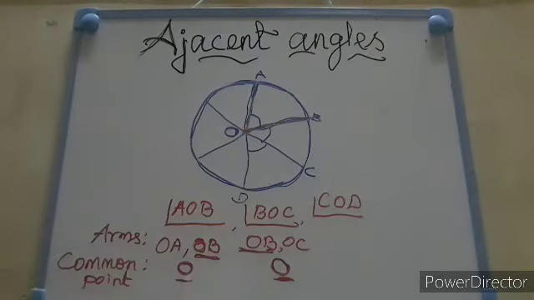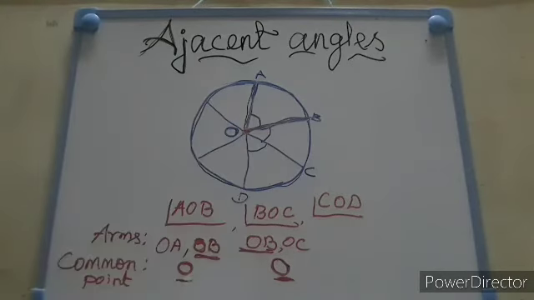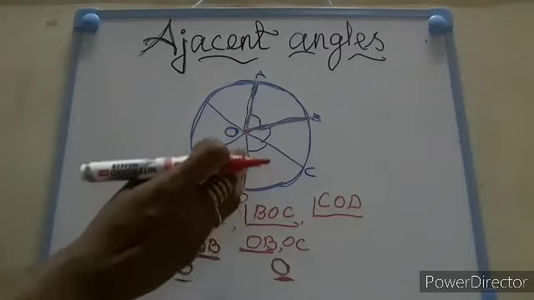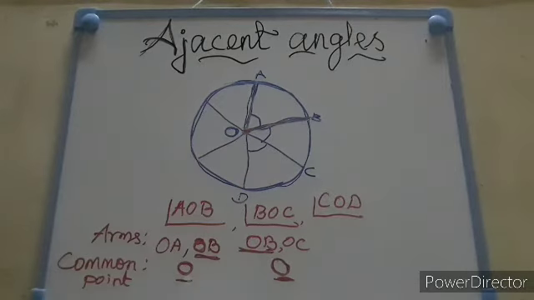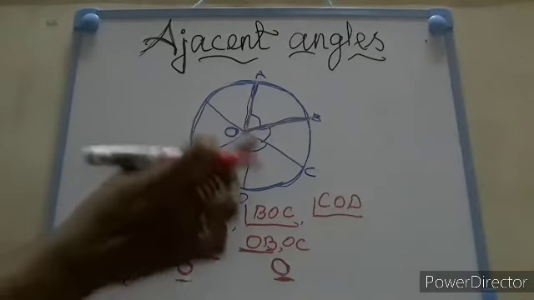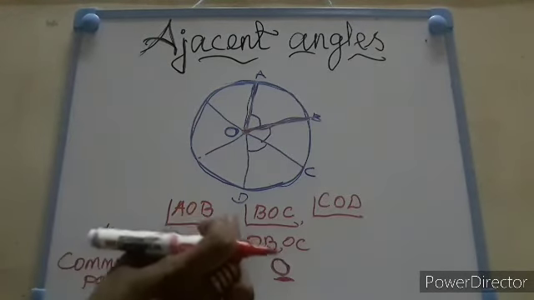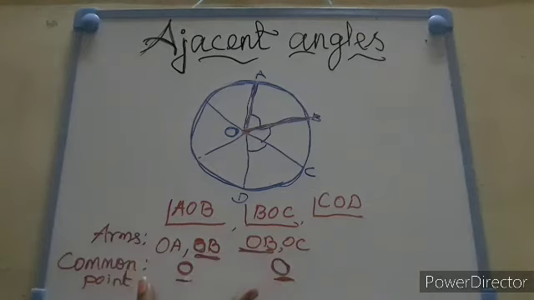It's not interior for any other angles, so it does not overlap. You should not overlap with any other angles. So in this place, AOB and BOC are adjacent angles.